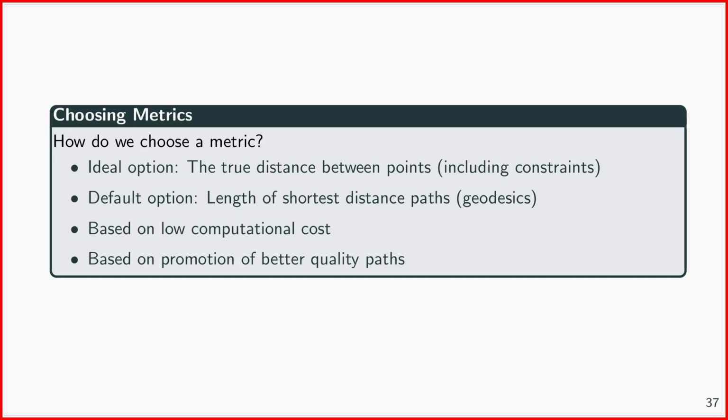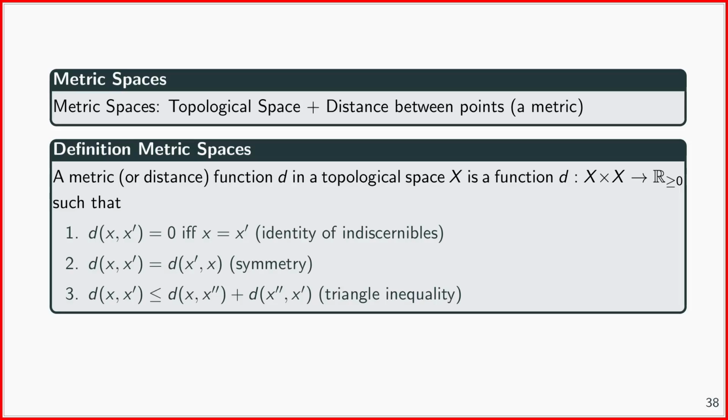And also this decision is based on low computational cost. So if you have a distance function which is very accurate but also very costly, then this is usually not a good idea. And also very often you want to promote better quality paths. And this is also something which factors in the decision of what kind of metric you choose.